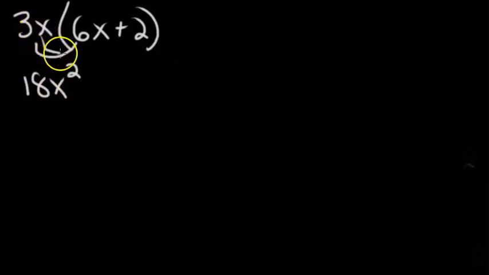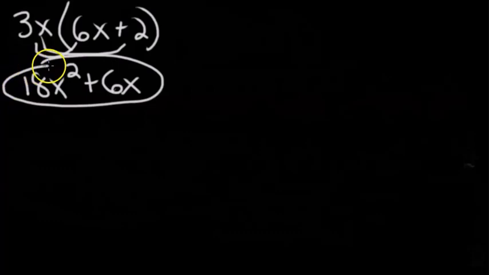Then we have 3x times 2, which gives us plus 6x. In factoring, we would have this as the problem, but we're trying to figure out this. We're just reversing the process. Okay, so let's work on some examples of this.